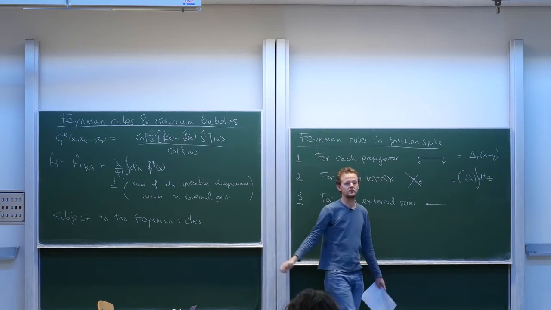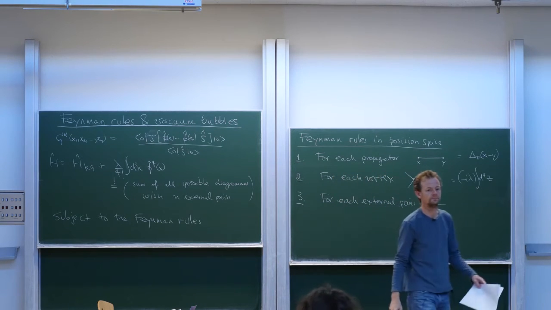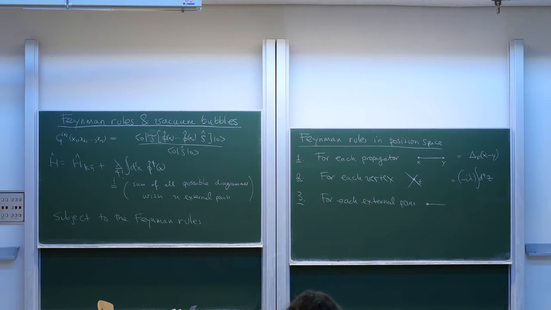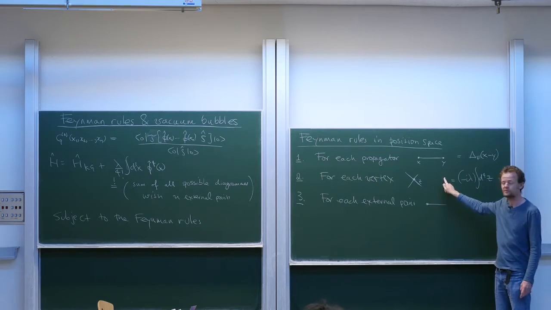A question? In the previous lecture you didn't make the minus sign, but I think here it's correct. In the previous lecture I didn't make a minus sign? In the last, when I wrote out the Feynman rules, is that correct? There was no minus sign here. Okay, that was a mistake then in the previous lecture.